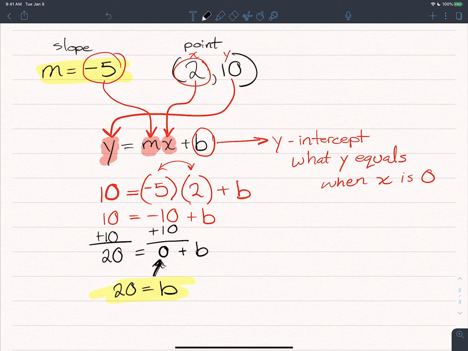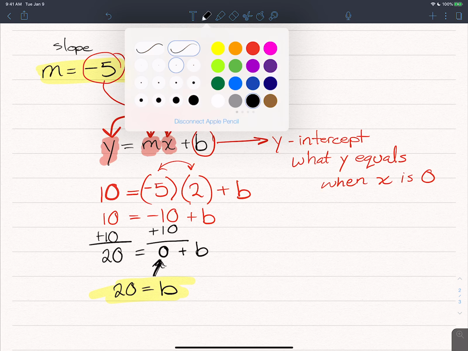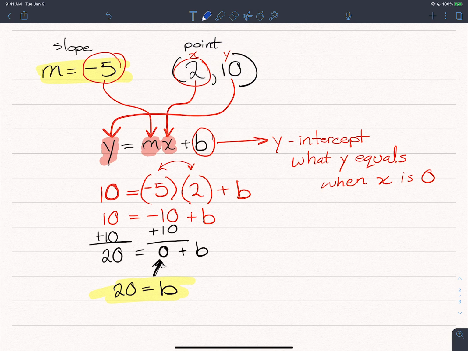So now we can write the general form of the equation. I'll do that in blue. Y equals, what's m? -5 times x plus, and what is b? 20. So it's just those 4 steps, and that's all we need to do.